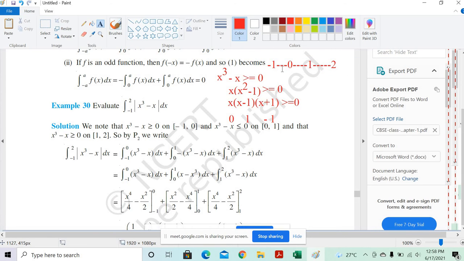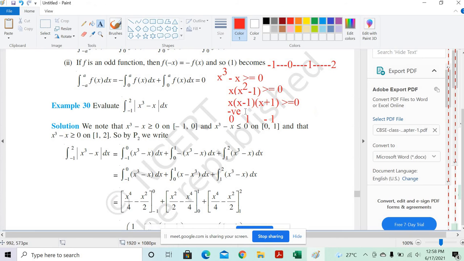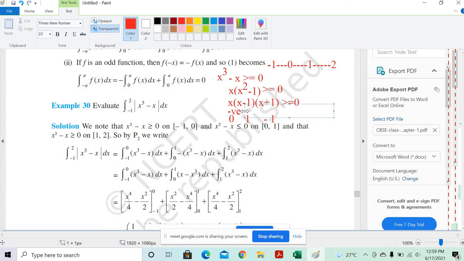So when x is between minus 1 to 0, you check whether this entire thing will be positive or not. Let's say x is minus 0.5. So x is minus 0.5, this will be negative. X minus 1 is minus 0.5 minus 1, again negative.